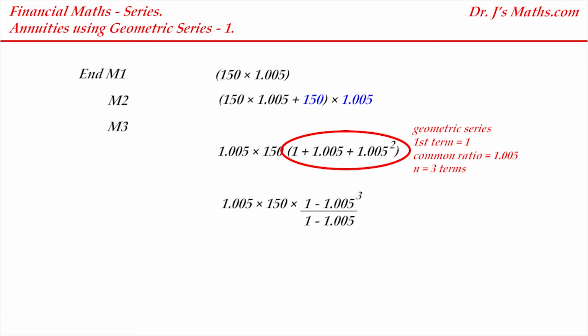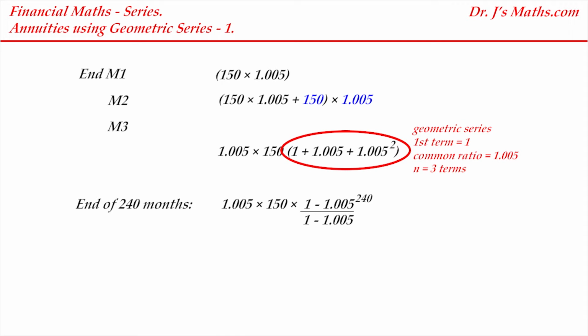It's just more convenient. We can now generalise this for the end of 240 months, which is 20 years times 12 months. And that's going to be, the beginning's exactly the same, 1.005 times 150. And the only thing we need to change here is the 3 to 240. So it's the same formula to the 240th.